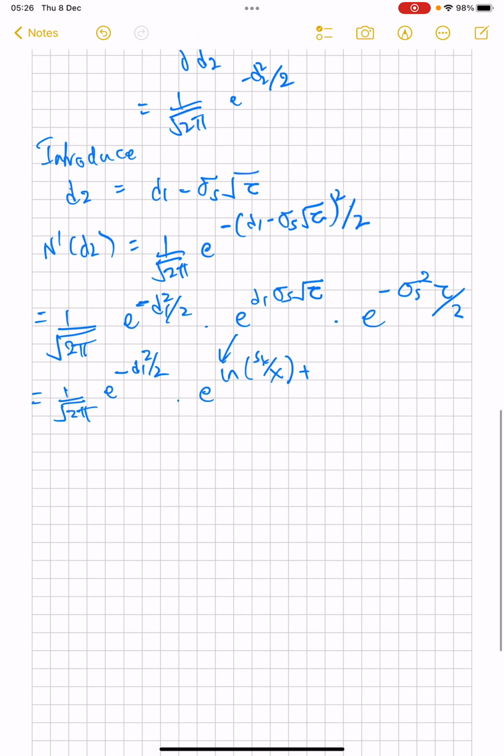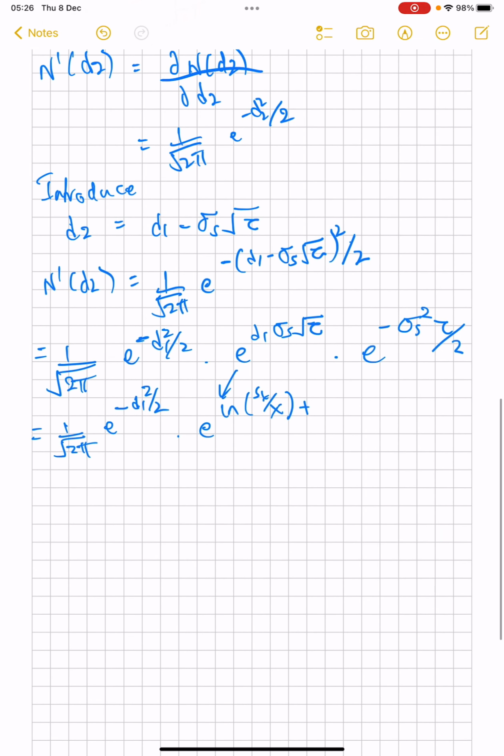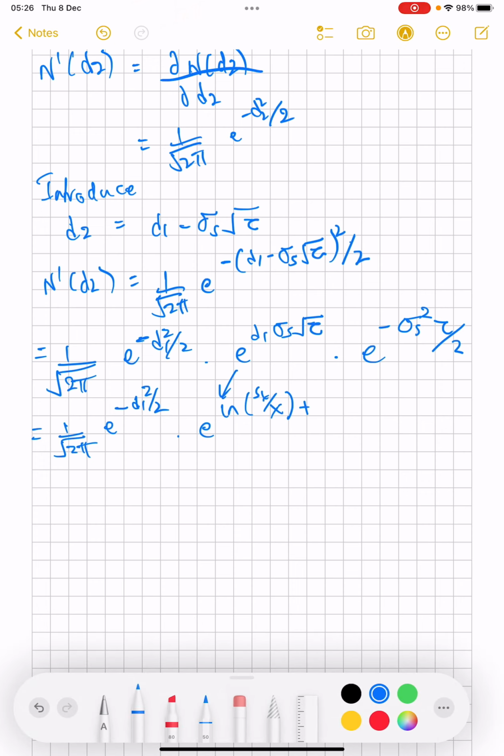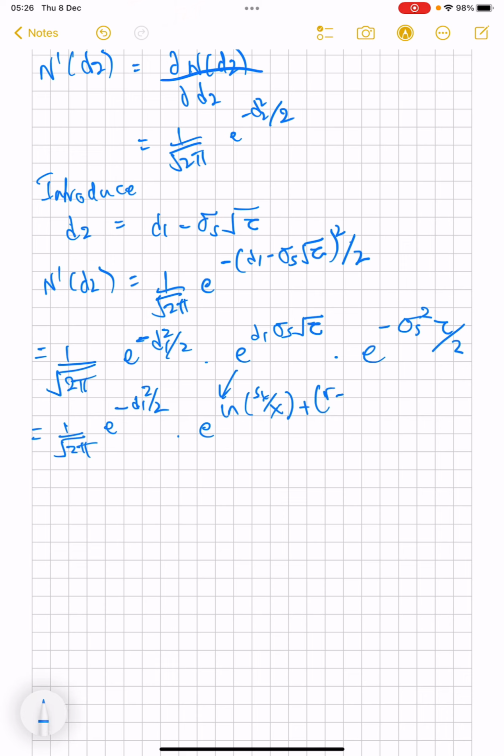So that would be ln ST over X plus r plus sigma squared over 2, multiplied by exponential sigma squared tau over 2.